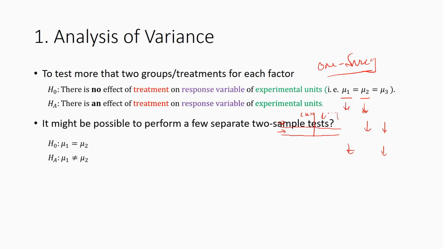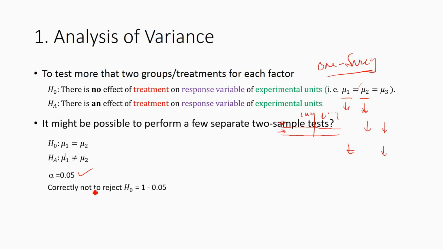For example, if you just run a comparison between the first sample and the second sample, first treatment and second treatment, this is your hypothesis. For each statistical hypothesis, you always have an alpha, the significance level that you set.